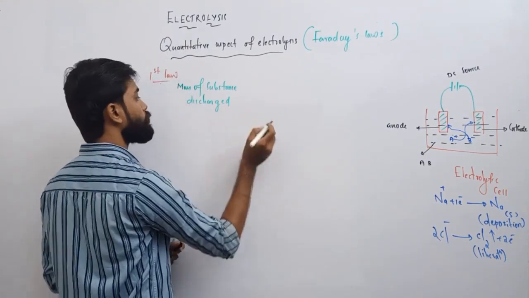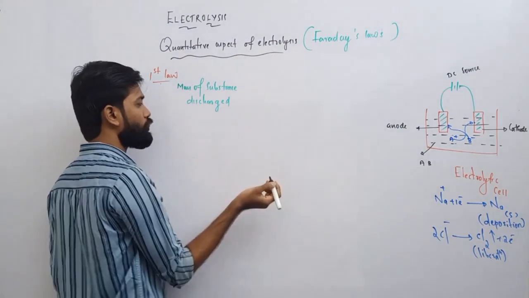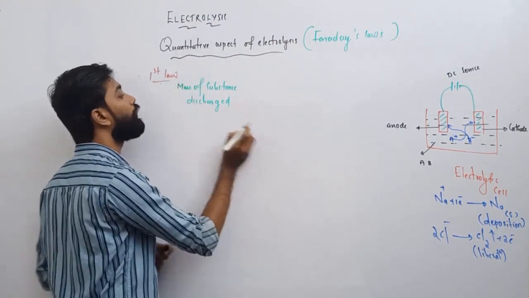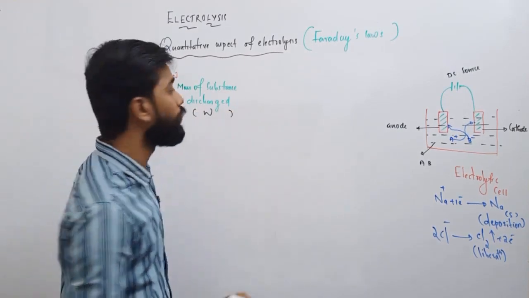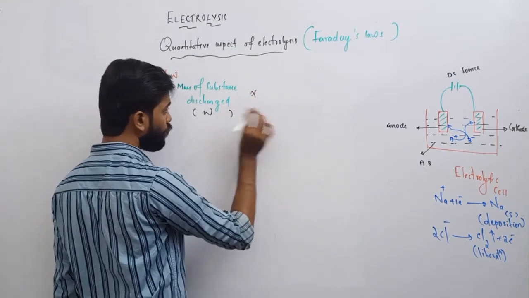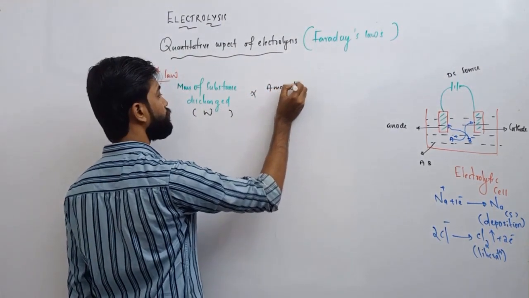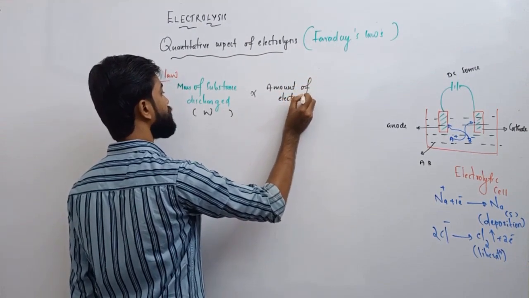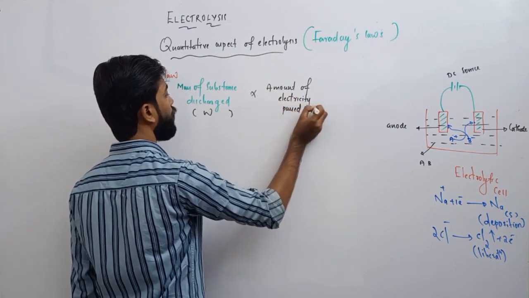So mass of substance deposited or liberated, or simply mass of substance discharged, let me define the mass using the simple W, is directly proportional to the amount of electricity passed through the electrolyte.